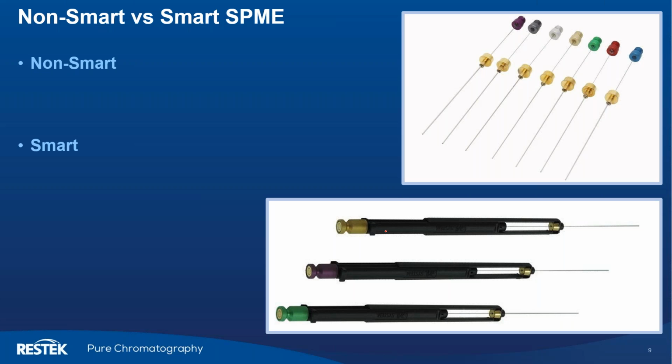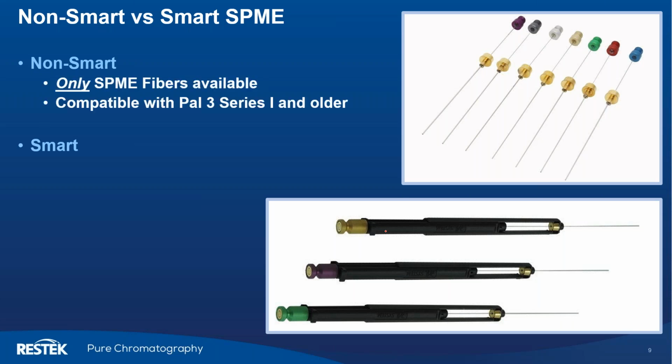Now, also in the market recently, you've probably seen a shift, right? There are now non-smart devices as well as smart devices. Our non-smart devices only consist of SPME fibers, and these are compatible with PAL 3 Series 1 and older. So if you have a PAL 3 Series 2, unfortunately, non-smart devices cannot be used on this type of rail system.